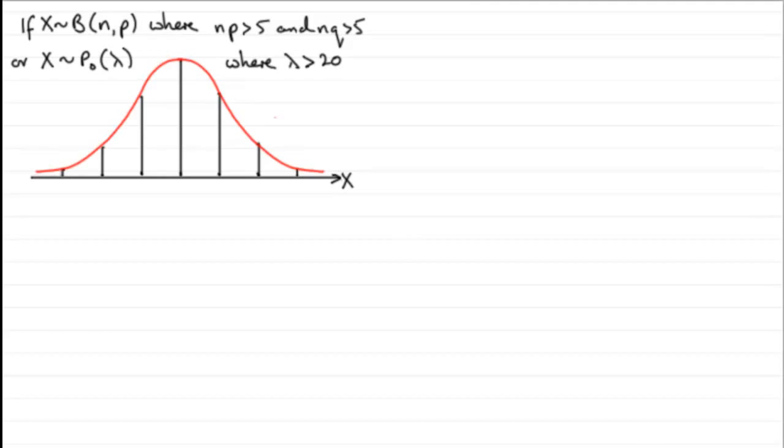If I was to put a curve around it, it would look something like this. And this particular curve is a normal curve. These distributions tend towards the normal curve.